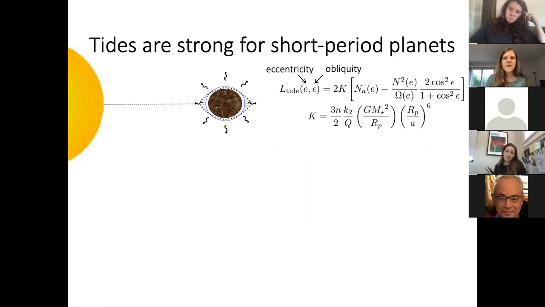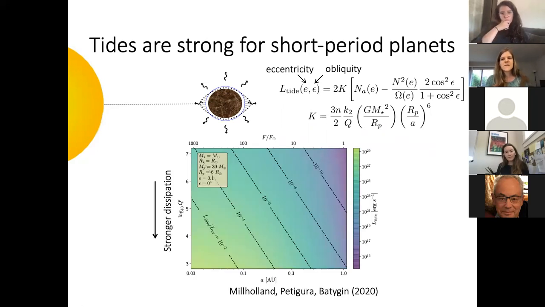In the equilibrium tide model, the tidal luminosity, or the rate at which this thermal energy is dissipated from the orbital energy, is given by this expression here, where e is the eccentricity and epsilon is the obliquity. This plot below shows the tidal luminosity as a function of the planet's tidal quality factor, which is a measure of how dissipative the planet is, versus the semi-major axis of the planet.